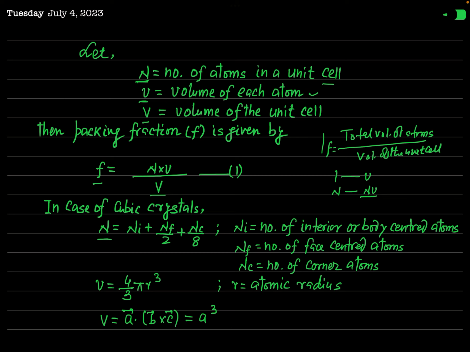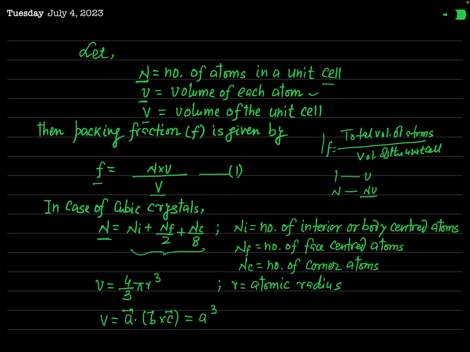The total number of atoms in a unit cell is found by this formula: N equal to Ni plus Nf divided by 2 plus Nc divided by 8. Mark this formula is only for cubic crystal.